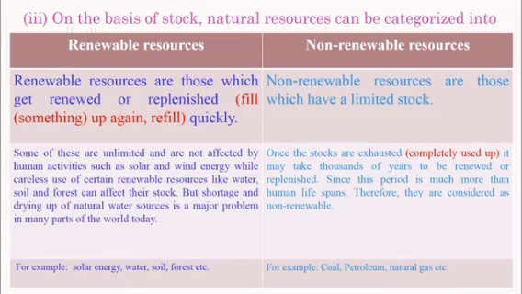Since this period is much more than human lifespans, therefore they are considered as non-renewable. Examples of renewable resources are solar energy, water, soil, forest, etc. Examples of non-renewable resources are coal, petroleum, natural gas, etc.